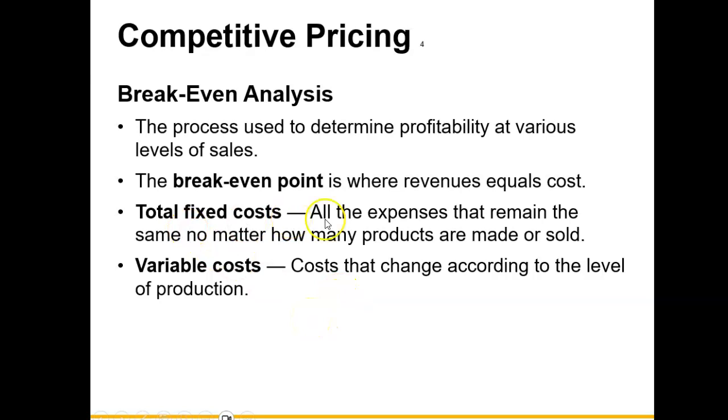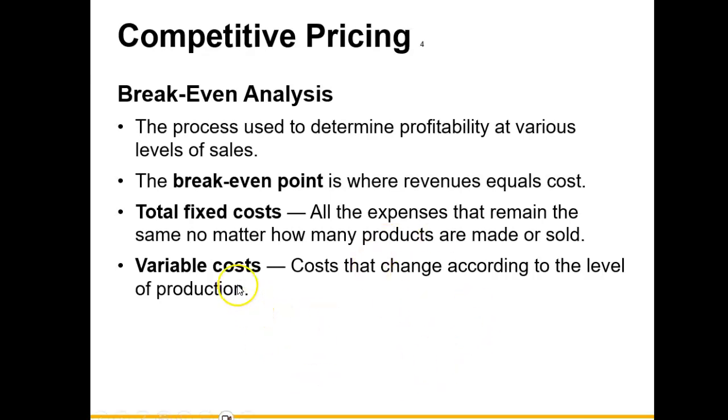Fixed costs are all the expenses that remain the same no matter how many products are made or sold. For example, let's say we rent a warehouse and the warehouse rent is $2,000 per month. Okay? If you produce 100 units or 1,000 units, your rent is still going to be $2,000 per month. That is a fixed cost.